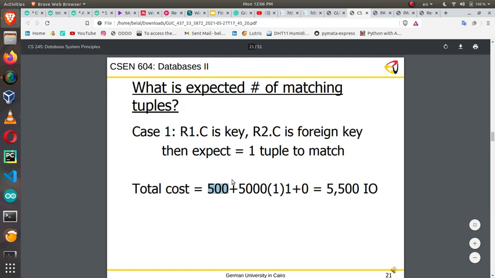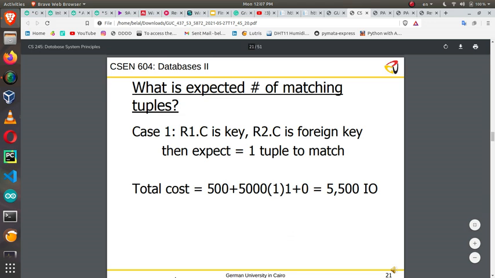So we have in total 5,000 tuples in R2, and for each one of them there is a matching, and for each matching it costs us 1 IO. So 500 to read R2 plus 5,000 to load the 5,000 matching tuples to join them costs us an extra 5,000 IOs.